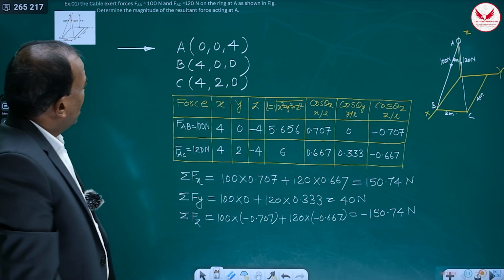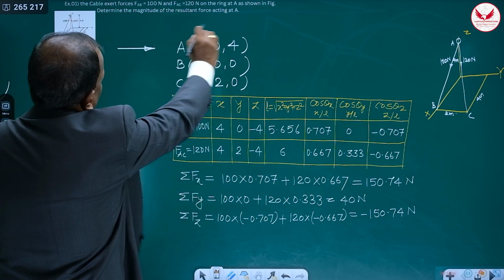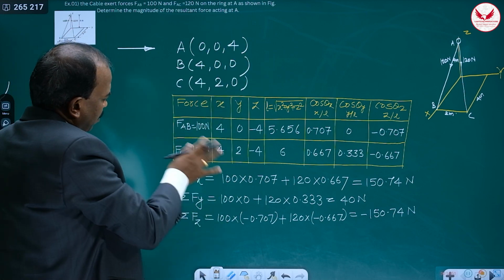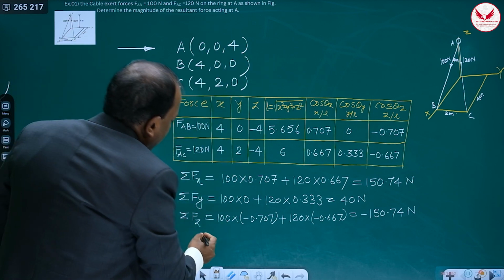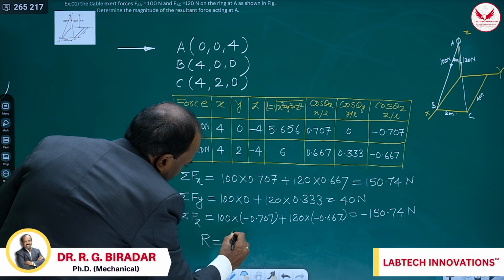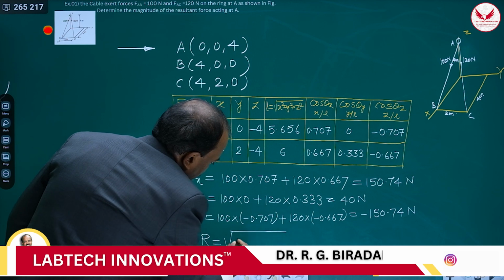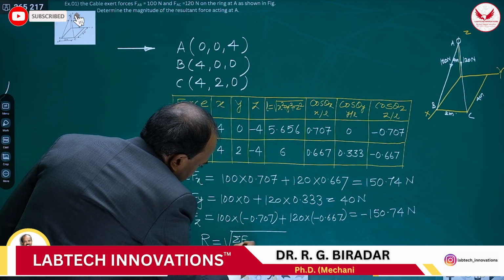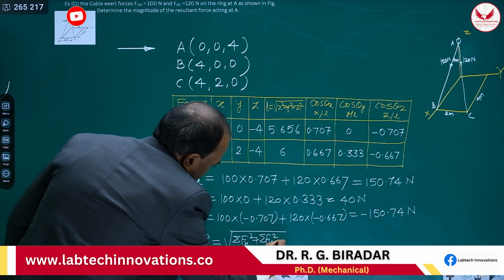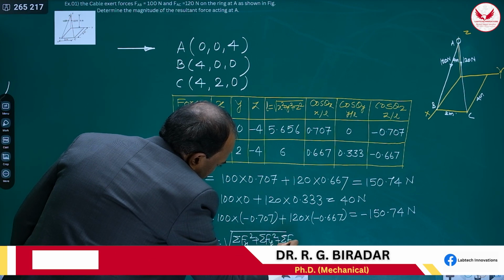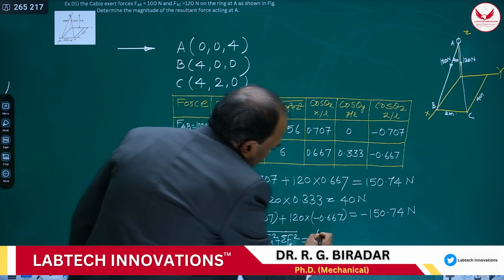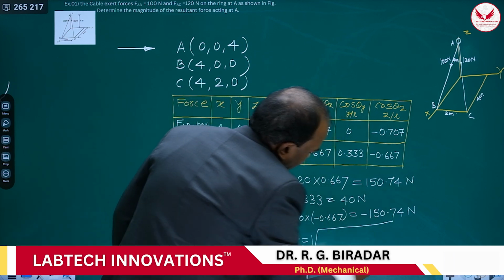Then what is asked? Determine the magnitude of the resultant force at A. Means we have got summation Fx, summation Fy, summation Fz. Then it is very simple that we are only interested in the magnitude. R is equal to under root summation Fx square plus summation Fy square plus summation Fz square, and it is nothing but only its magnitude. We can neglect the direction.